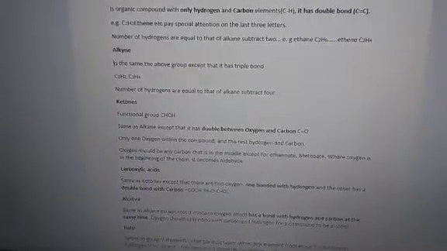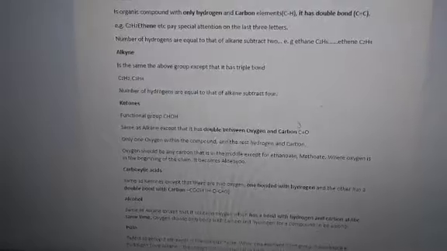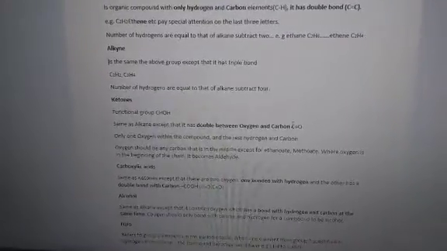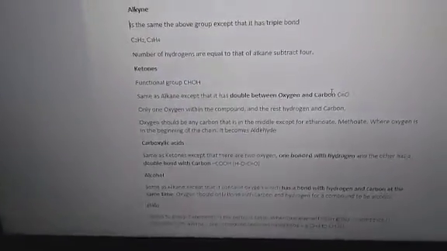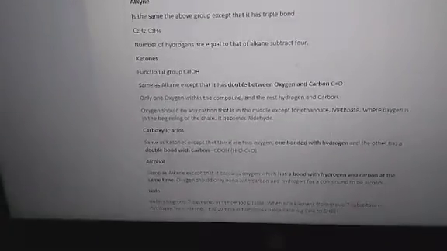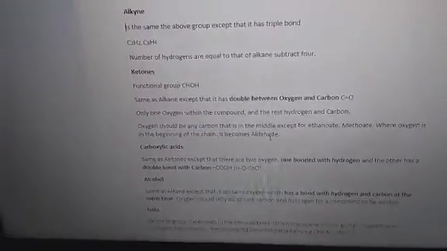And for it to be a ketone, the double bond between oxygen and carbon should always be in the middle, not at the end or at the beginning. If it's at the end or at the beginning, then it's going to be an aldehyde. It's no longer a ketone, it's going to be an aldehyde. Let me show that to you now.